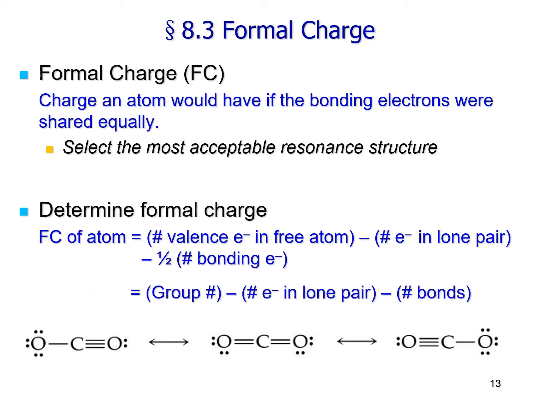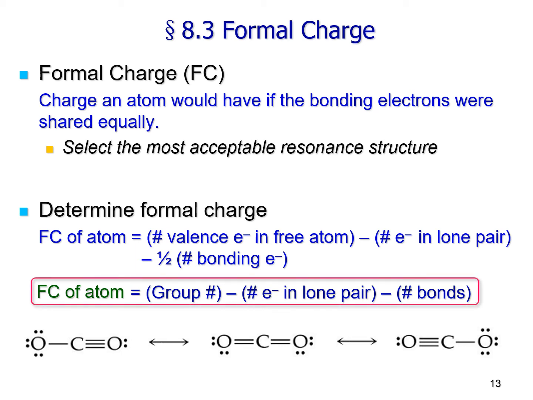You got it, group number. All right. As for the number of electrons in a lone pair, it's easy for us to just count, right? Speaking of half of the number of bonding electrons, I just want you guys to think of the bond in this way.